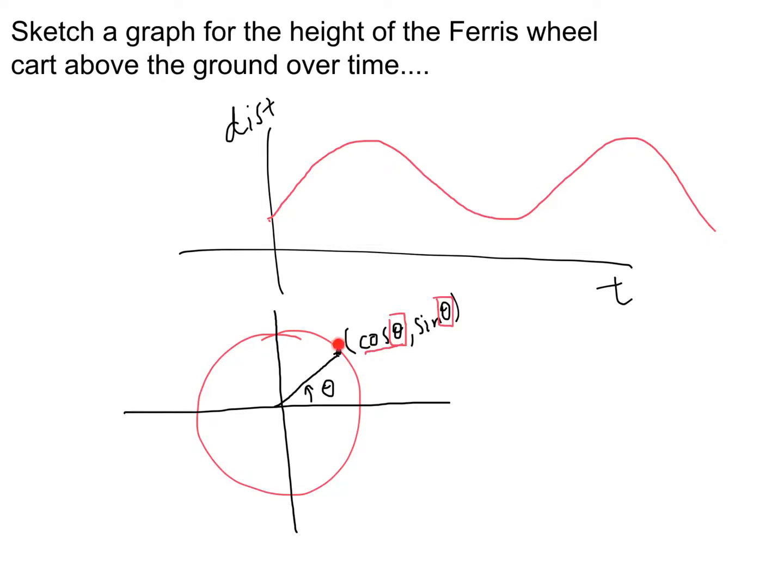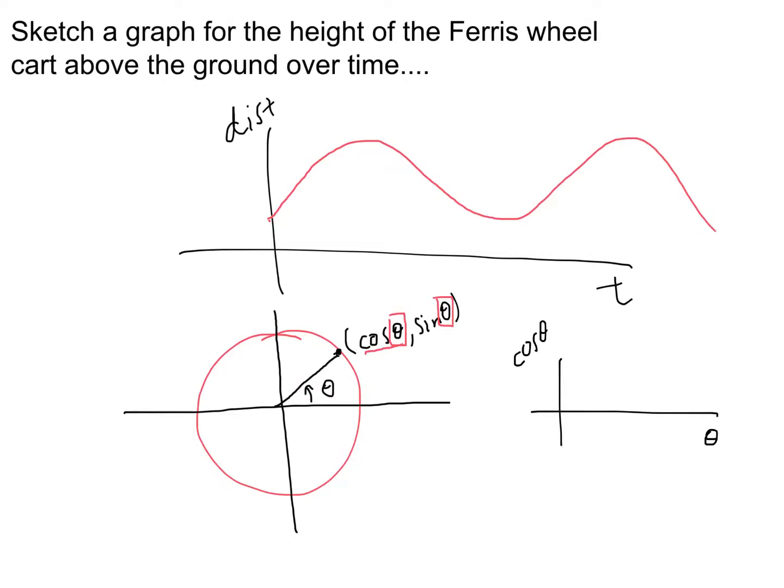I can't tell you what the point on the circle is until I know what angle I'm referring to, right? How far I've turned. That will determine what the point I'm looking at is. So if I go to graph cosine, the independent variable, the thing that I need to know in order to say the value of cosine, is in fact the angle theta, how far I've turned. And then I can say what the cosine of theta is.